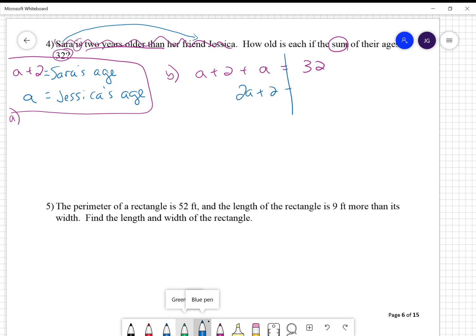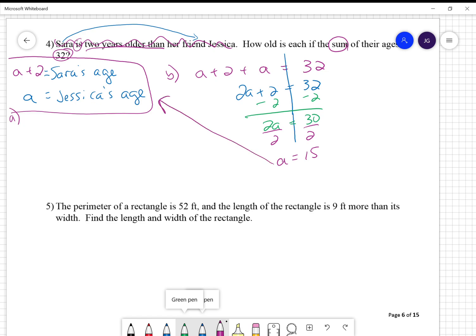2A plus 2 equals 32. Subtract 2. 2A equals 30. And finally, divide by 2. A equals 15. Okay, again, what does A mean? Well, A is Jessica.